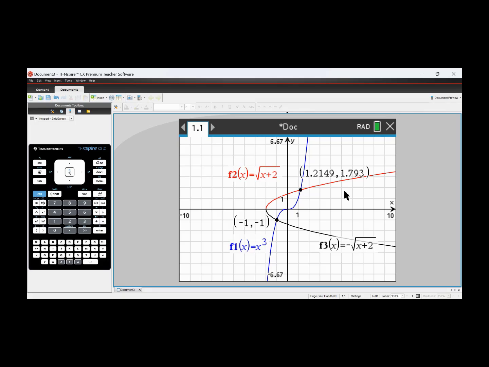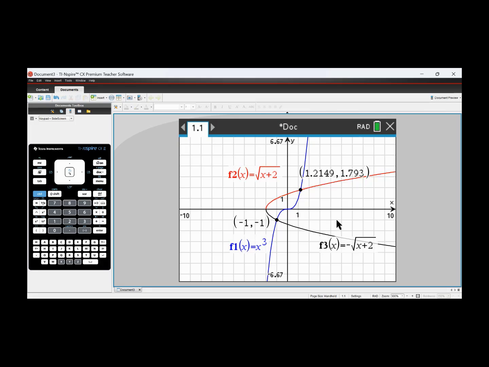Now here's the thing. Are we going to integrate with respect to x or with respect to y? If we use the vertical strips and integrate with respect to x, the top function is always this square root of x plus 2. However, the bottom function is first the negation of the square root of x plus 2, and then it's x cubed. We would need 2 integrals.